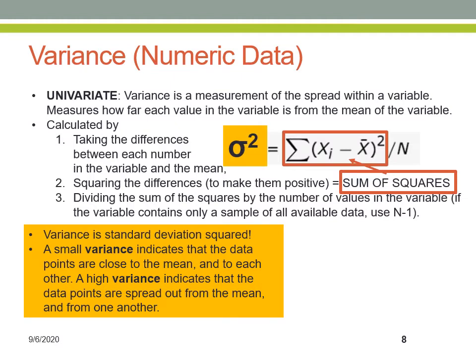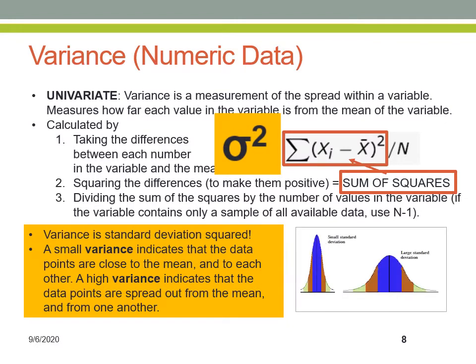Now, if you look closely, do you recognize that sigma? Right? That's the square of our standard deviation. And just like a large standard deviation shows a flat spread out curve and a small standard deviation shows a thin narrow spread of the data, that's also how the variance behaves.